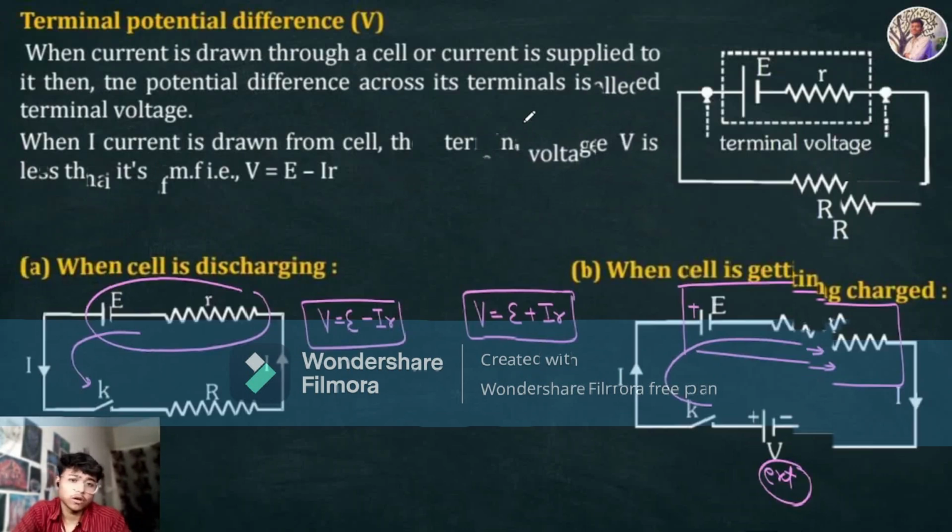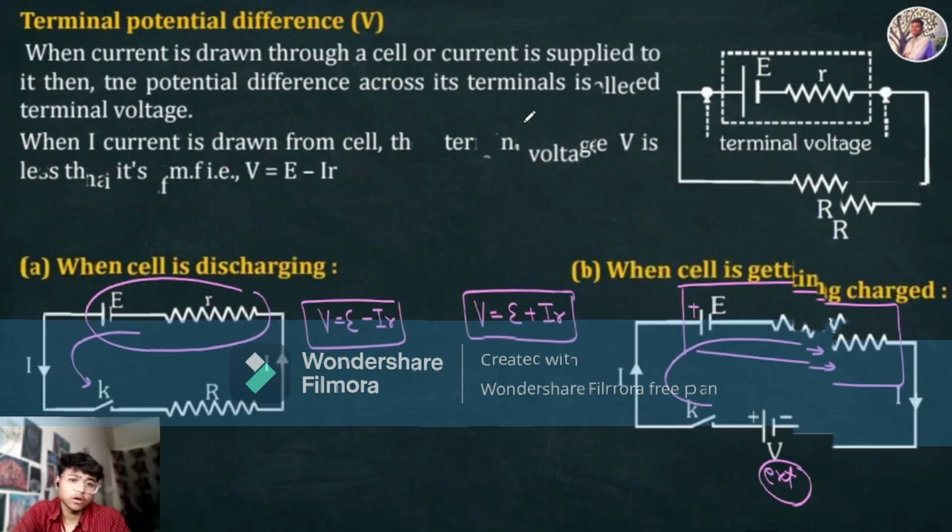So there is a question on KVL, which is known as Kirchhoff's second law. There is a circuit given, and firstly we will determine the current in branch one. We have taken the loop in the clockwise direction.